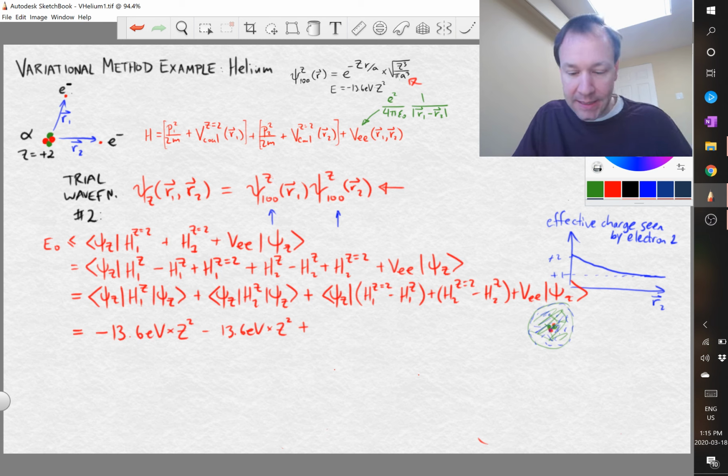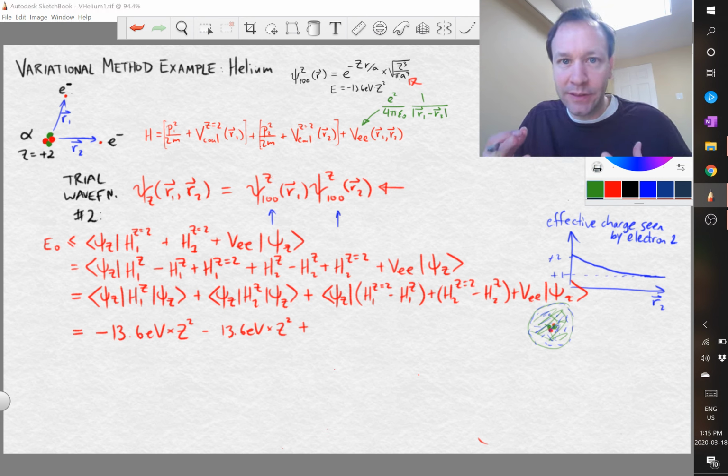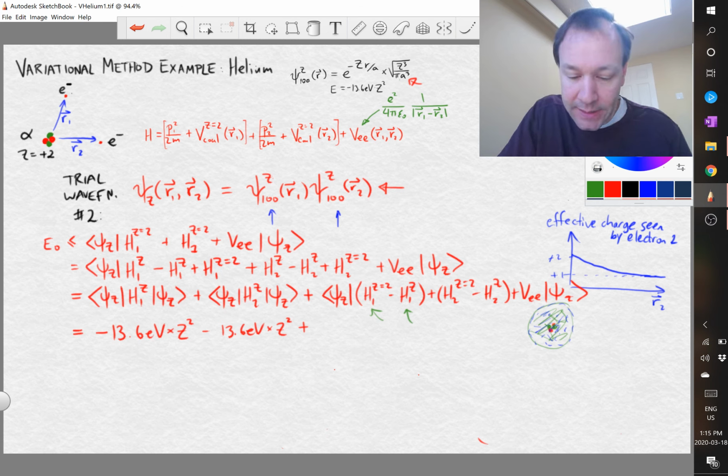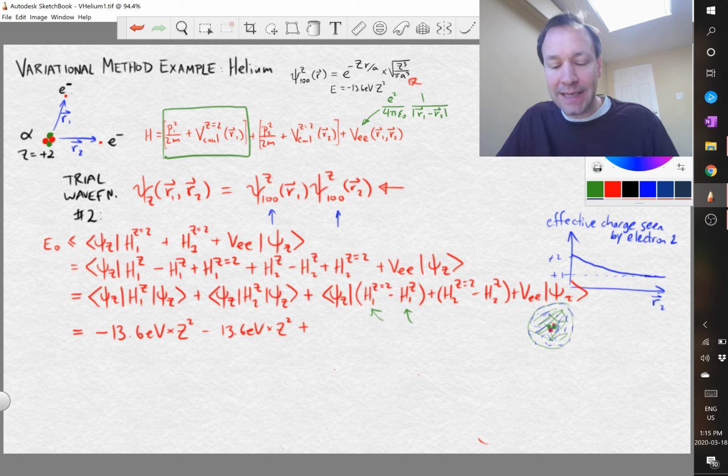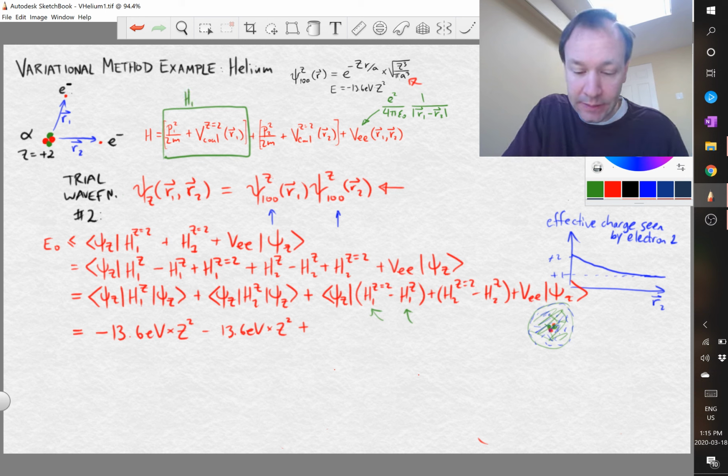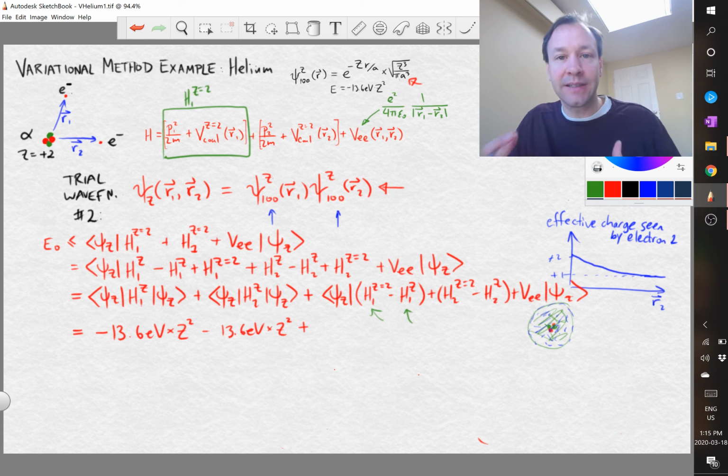Finally, let's look at the last term. The useful thing about this trick is that in this last term, we have H1 with Z equals 2 minus H1Z. H1 with Z equals 2 is our actual Hamiltonian for the first electron in helium.